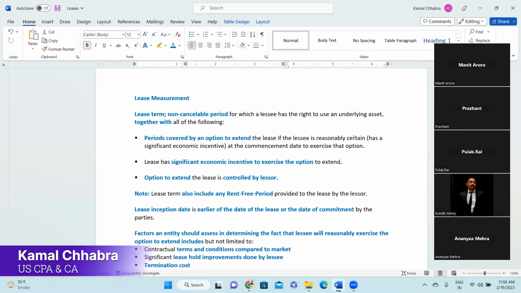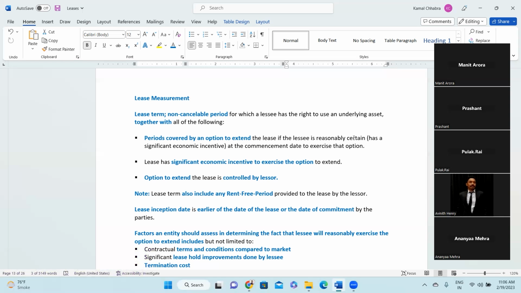For example, let's assume a company like EY is entering into a new lease agreement at a new property, right? They will enter into a period of 8 to 9 or 10 years, but there would be at least a minimum lease period, which is the lock-in period. If you withdraw the lease before that, then for the remaining period the company needs to pay the lease to the lessor. So that is called the lock-in period.